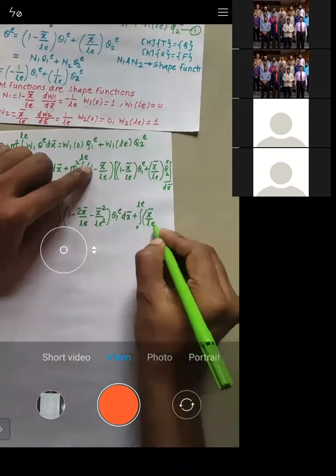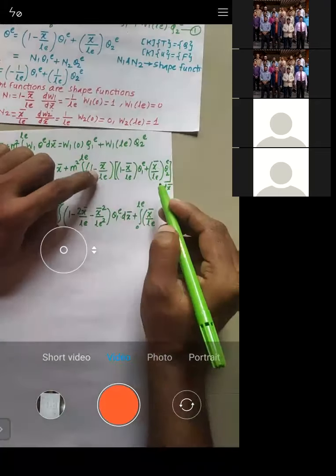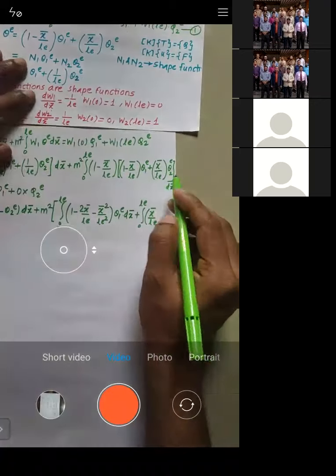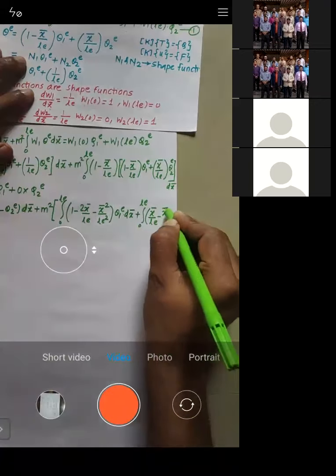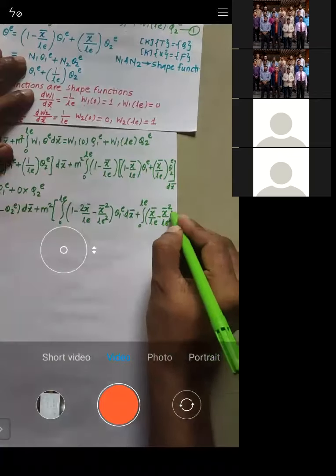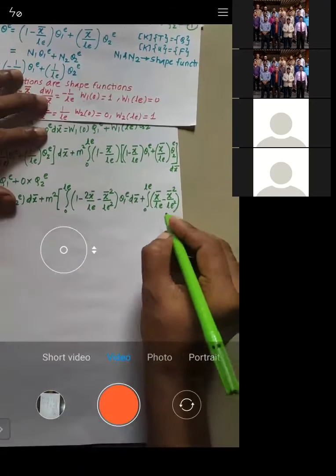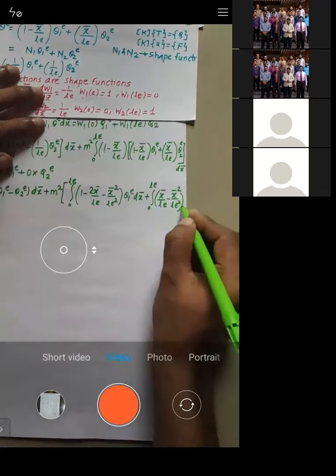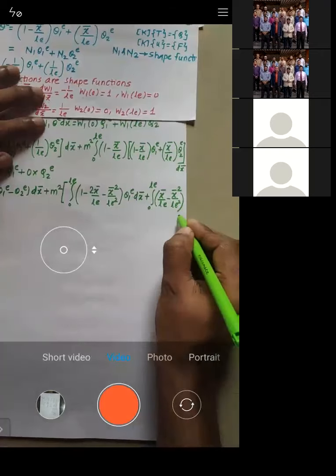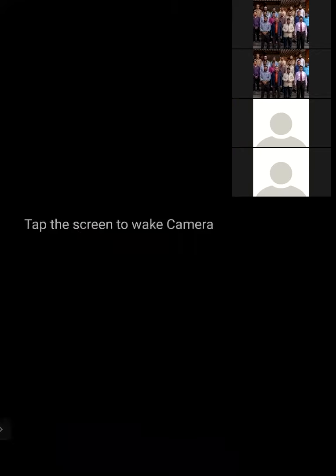And x bar by LE into x bar by LE, you will get x bar square by LE square, into theta 2 e, into dx bar. Then only we will complete the bracket. Is it okay, all of you?